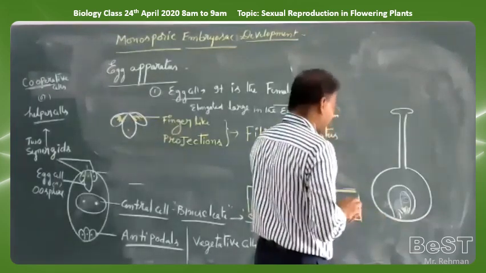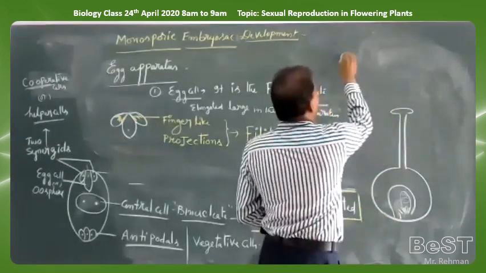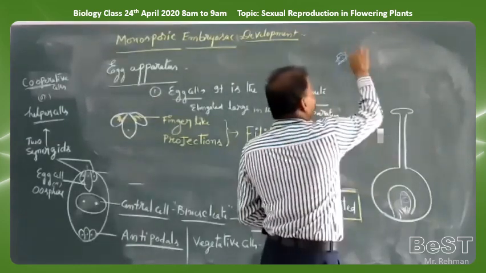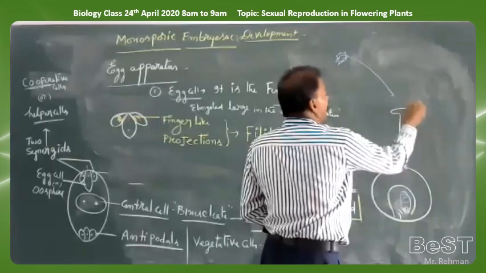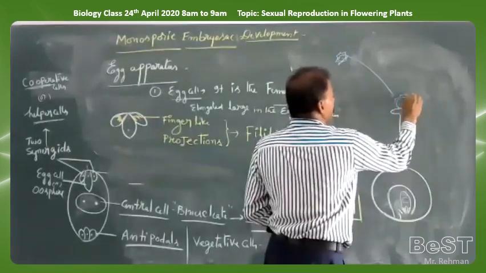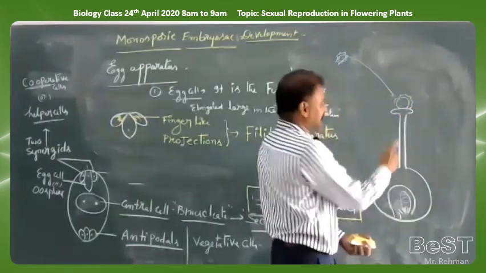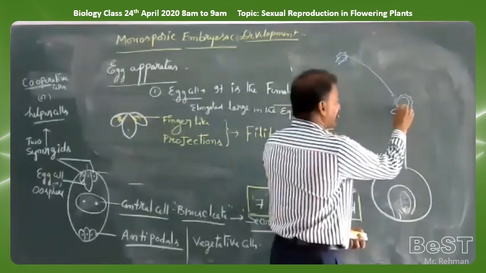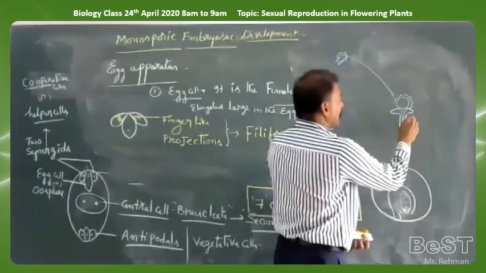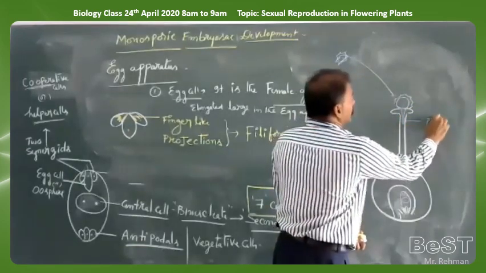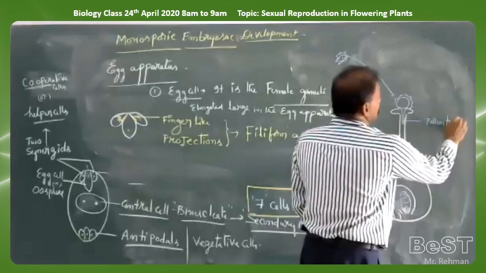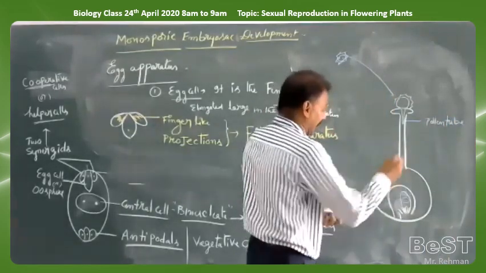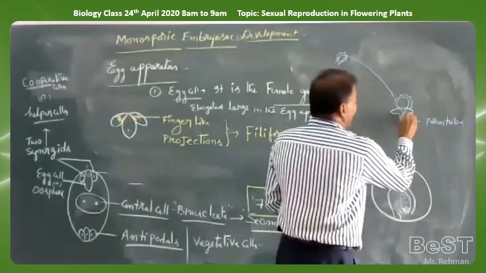Now, whenever a pollen grain or male gametophyte lands on the stigma, it germinates by intine. Intine will come out in the form of a tube. This is called the pollen tube. This pollen tube is going to carry 2 male gametes.